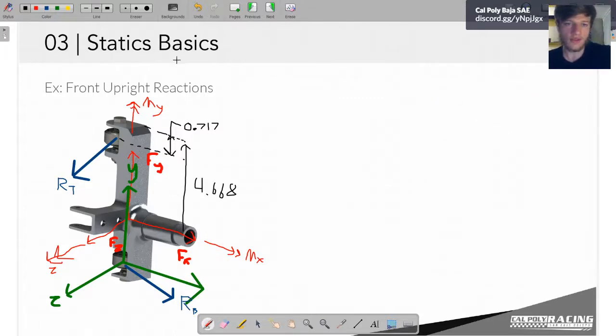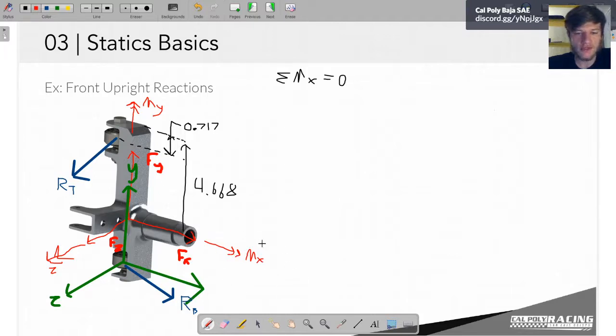So we know that the sum of the moments in the x direction equals 0. That's the sum of all the rotations that we could possibly make about the x-axis. So the easy one is, of course, Mx, because we're just told it is a pure moment.